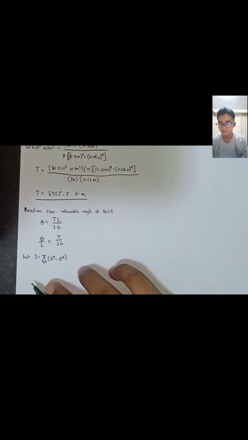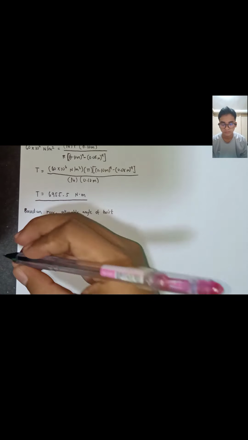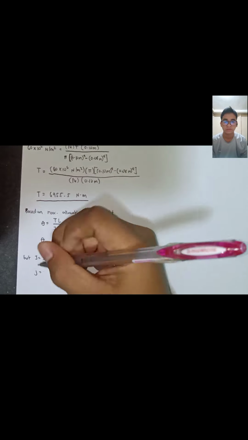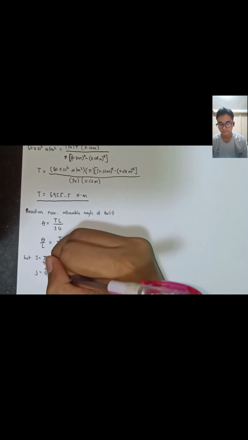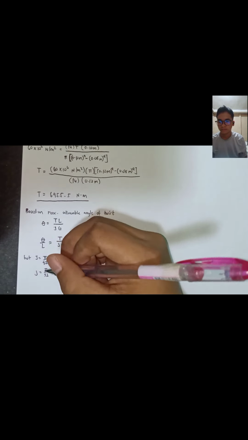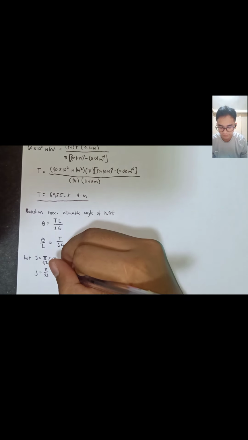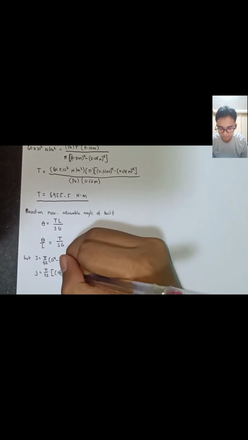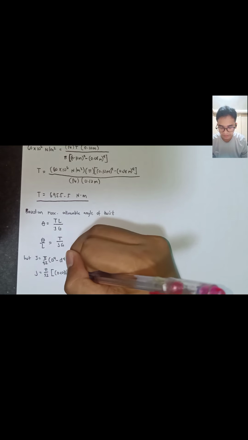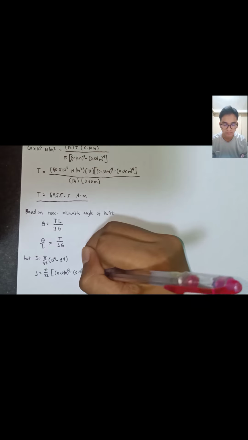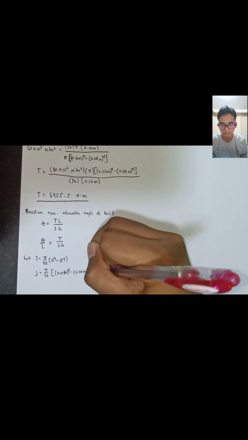Since nandito naman lahat sa given yung value nito, J is equals to pi over 32 times, ito yung formula natin sa polar moment of inertia for hollow shaft.